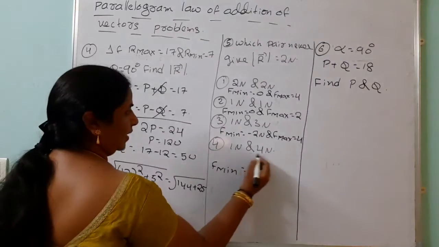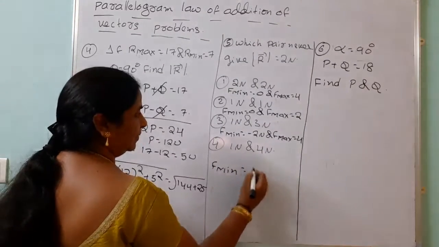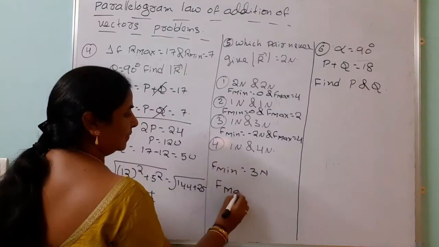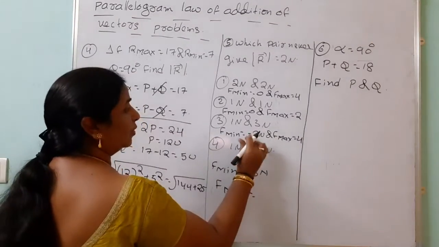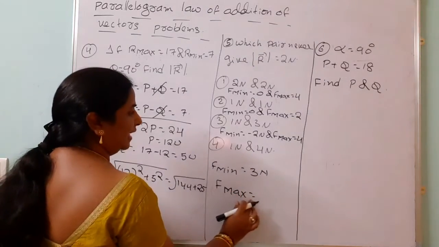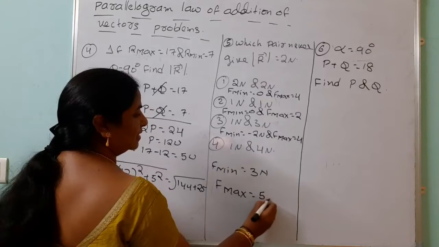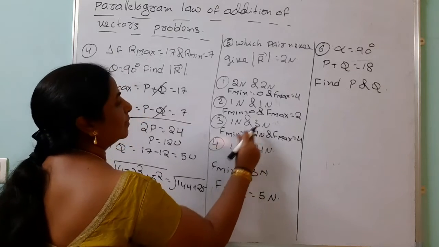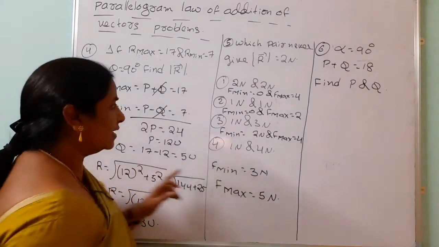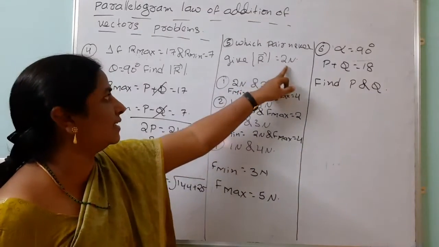Look, 4 minus 1 is 3 newtons, and F maximum is how much? Here we won't get negative, the magnitude is always positive only. Here F maximum equals 5 newtons.